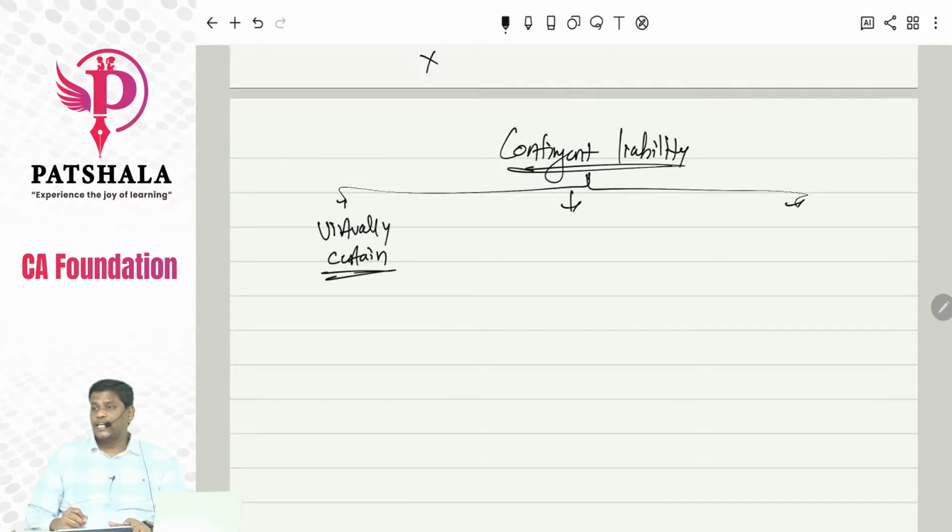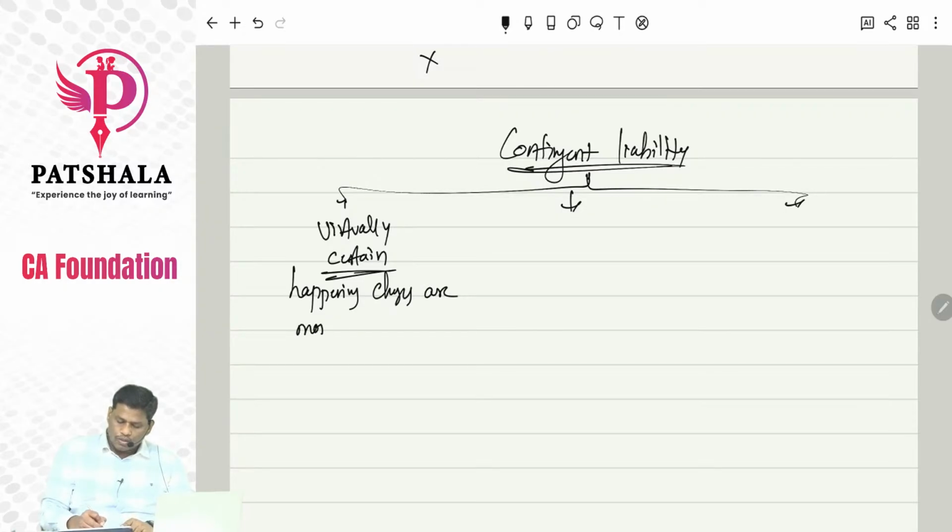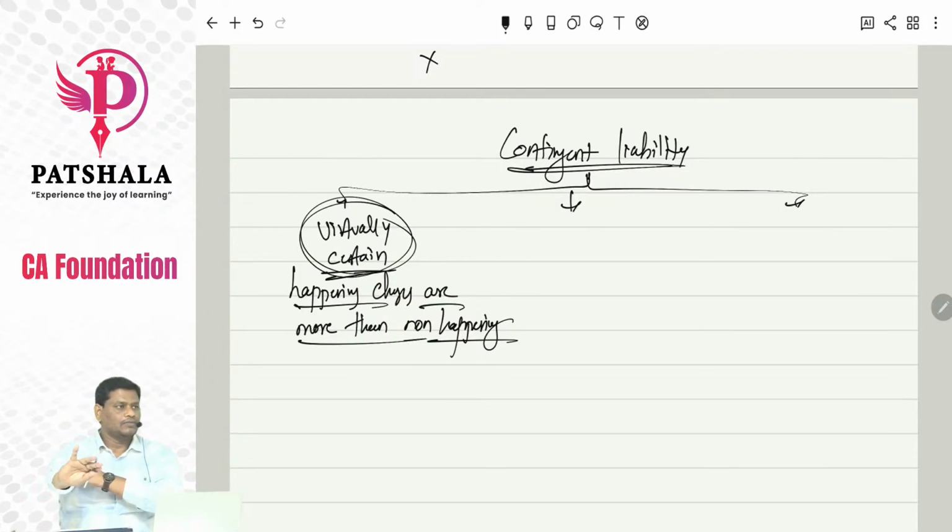It is virtually certain, it will happen for sure. Or the happening chances are more than the non-happening. Happening chances are more, so virtually certain, it will surely happen.